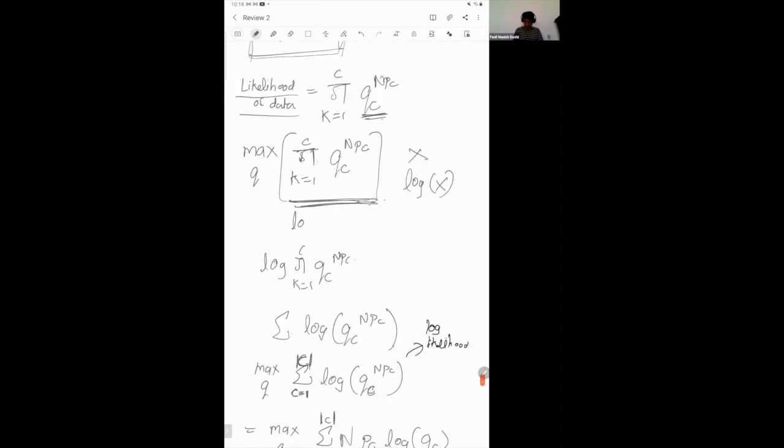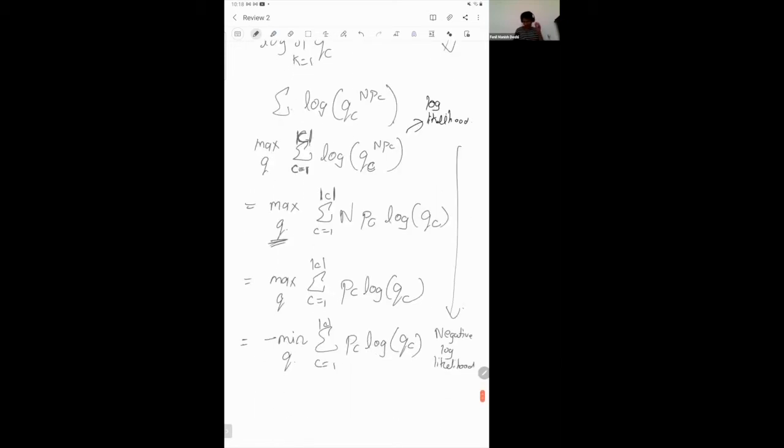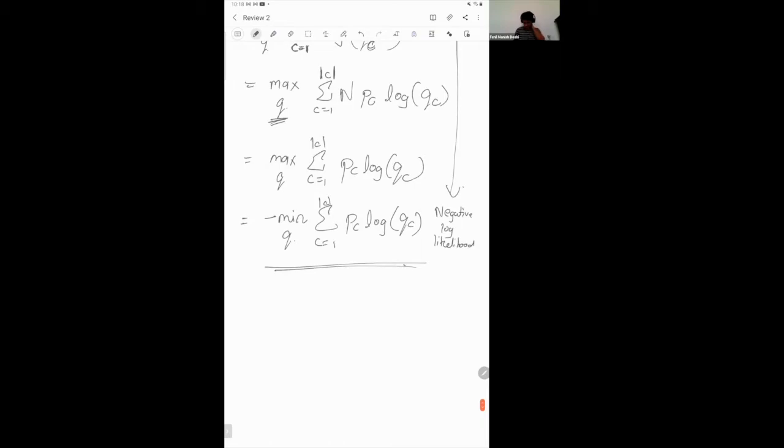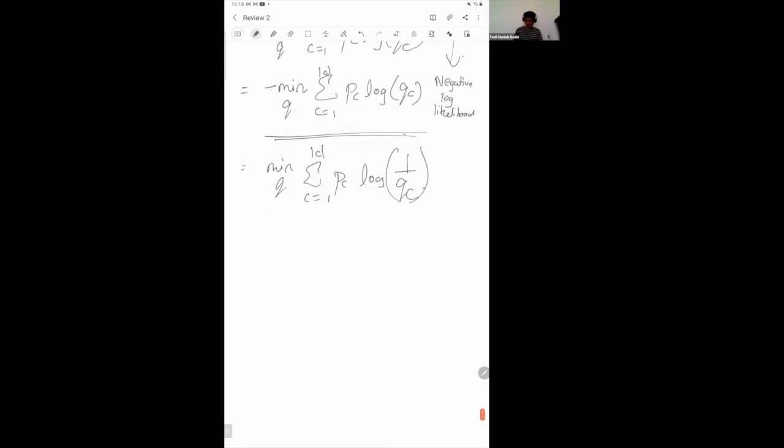We started with likelihood, then we went to log likelihood, and then we went to negative log likelihood. Minimizing this quantity, so I'm moving the minus here, and then this just becomes this, and this is nothing but cross entropy.